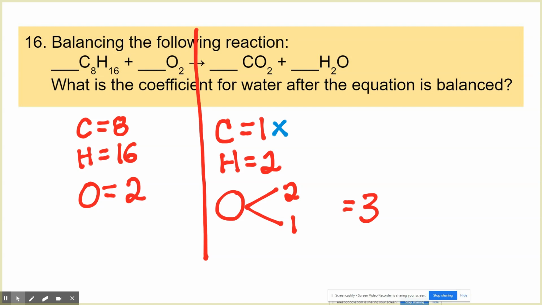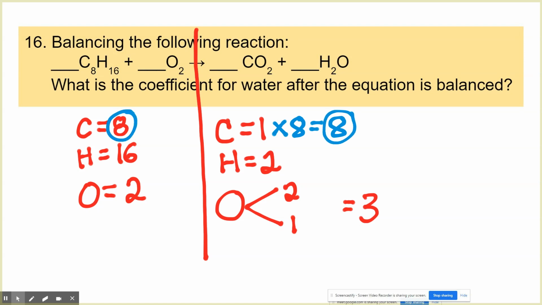And how do you get that number again? It's simply, guys, the high side, which is 8, divided by the low side, which is 1. So 8 divided by 1, the answer is 8, and that's the number that you need. So this is multiplied by 8. 1 times 8 is 8. So now they're equal.